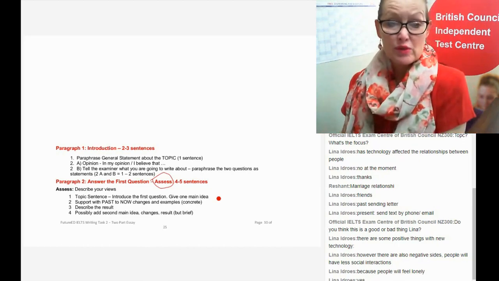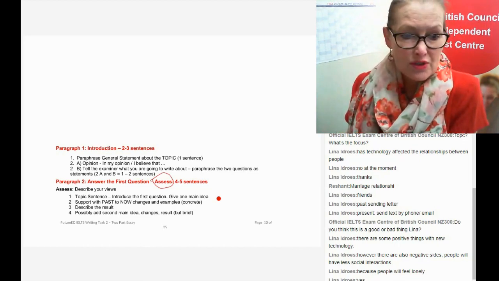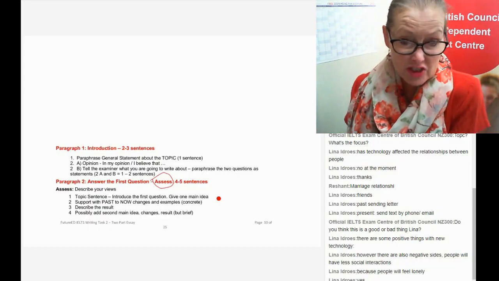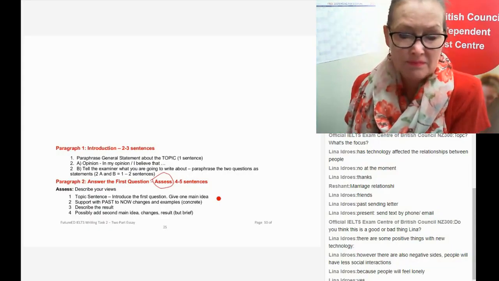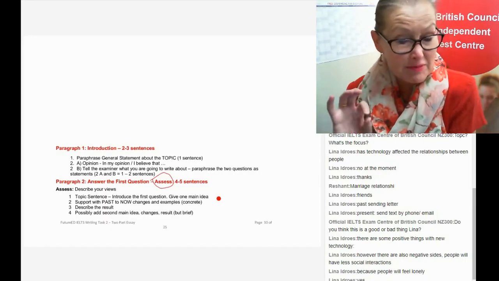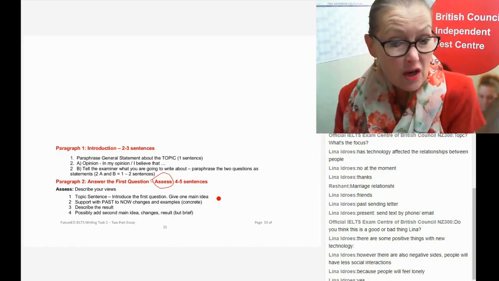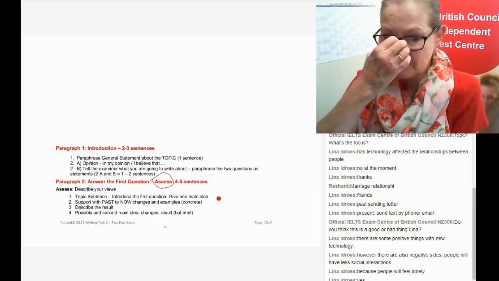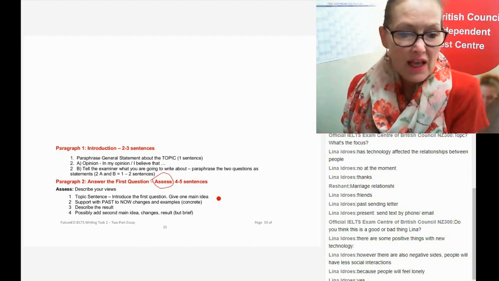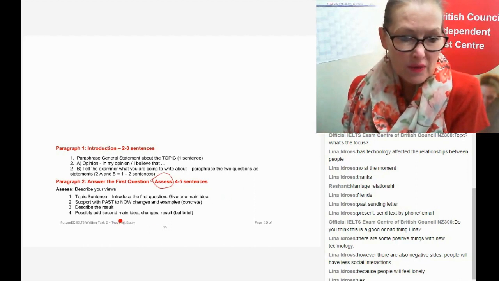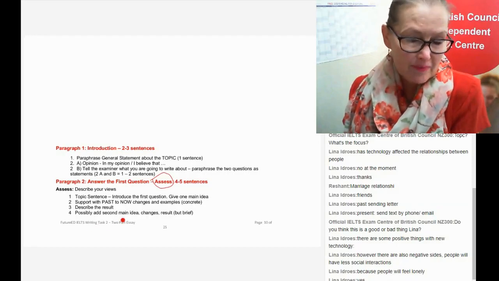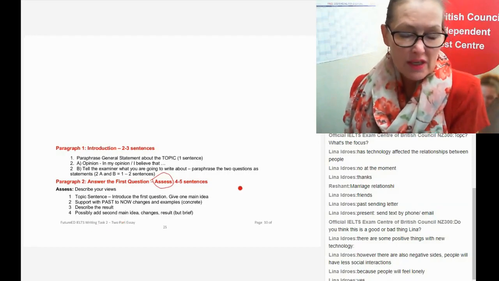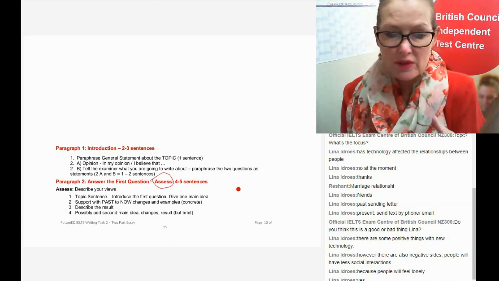So first of all, as we've done before, we want to paraphrase the general statement about the topic. And this keeps me on topic and, of course, on focus. And then our sentence 2, we want to give our opinion. As we usually do in the introduction, we give our own opinion.